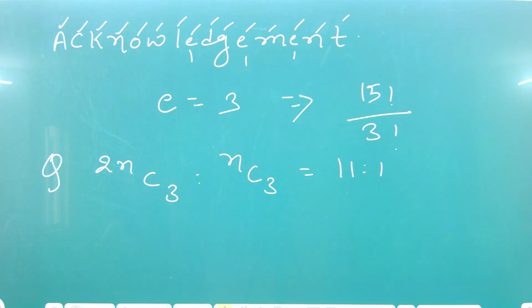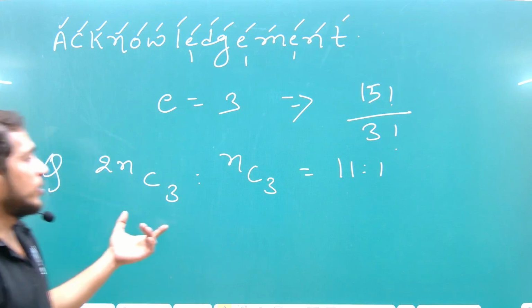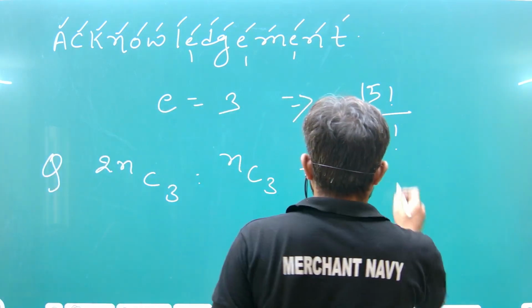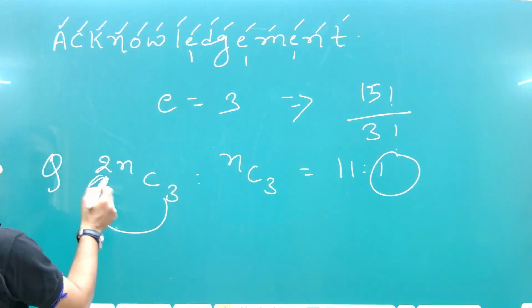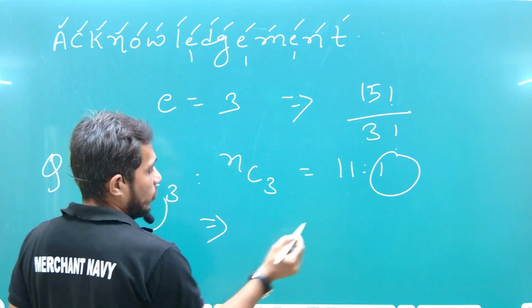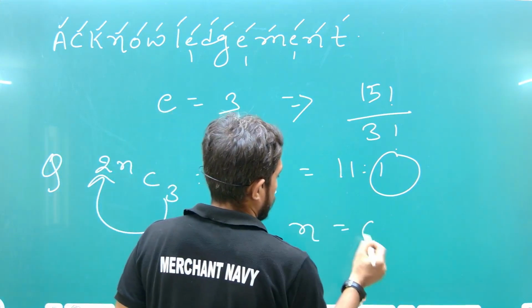You need to find the value of n. In such a type of question, when there is 1 on this side, you can directly find that 3 into 2, the value of n is equal to 6.